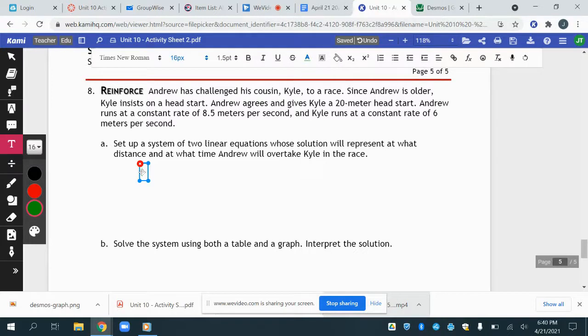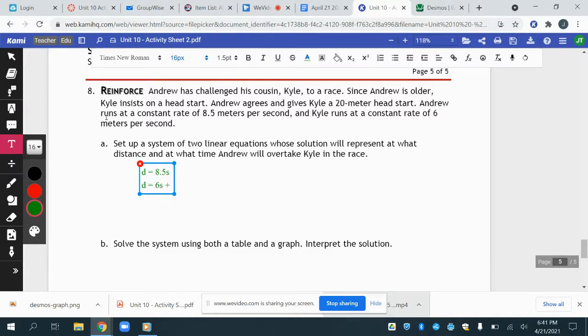Okay, so we're going to start with Andrew. Andrew's distance equals 8.5 meters per second, whereas Kyle runs 6 meters per second.